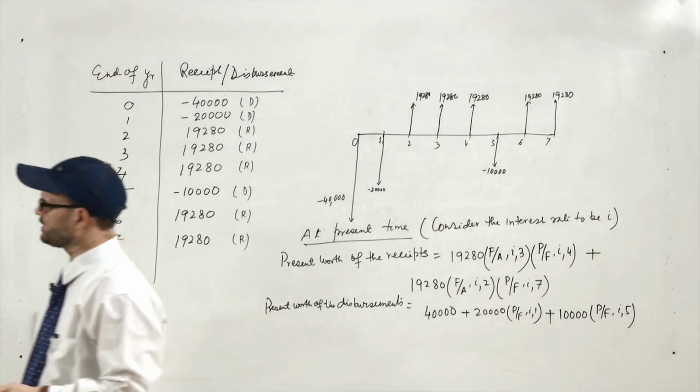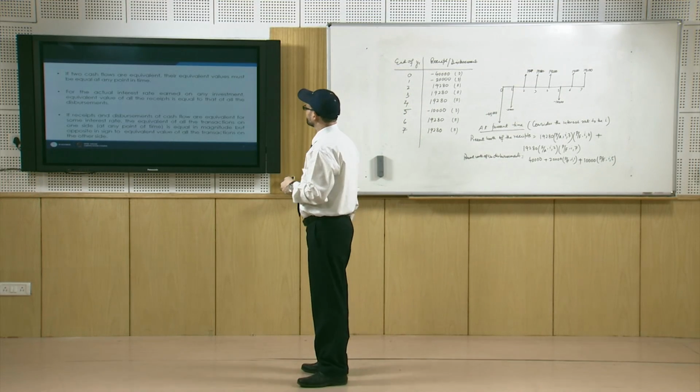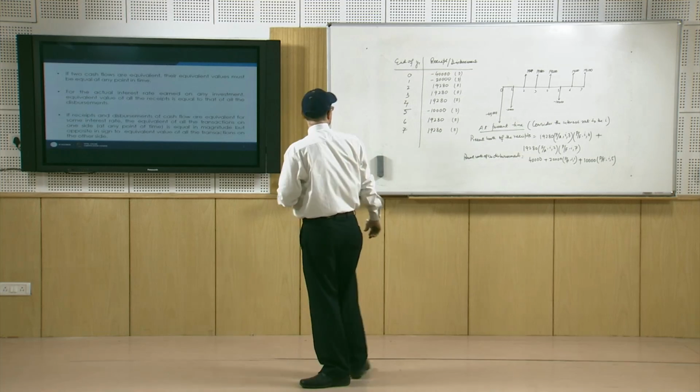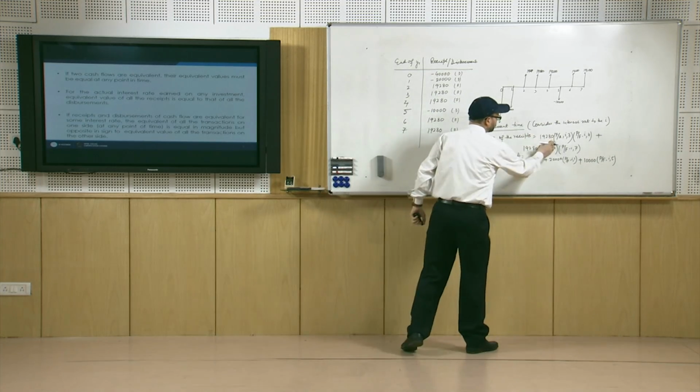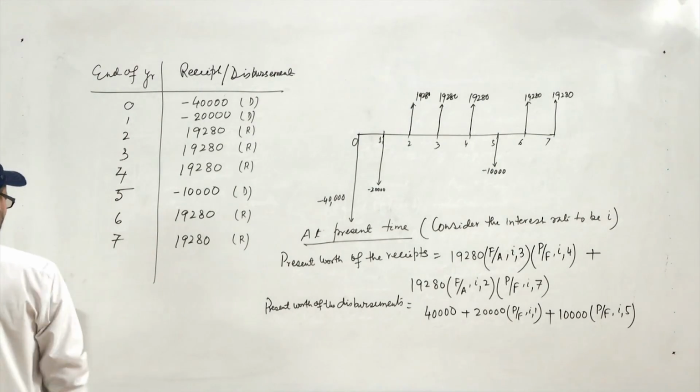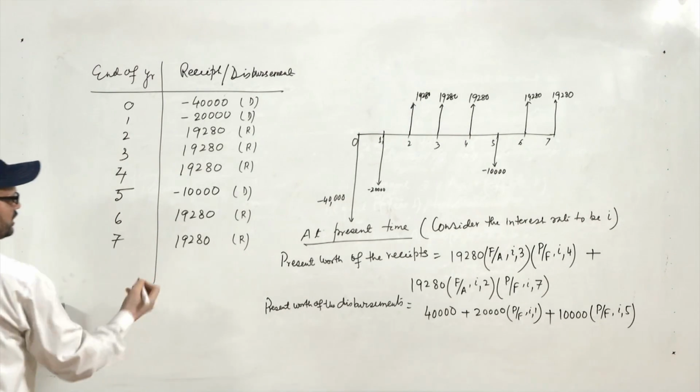Now, what this principle tells is that the actual interest rate earned will be that value of I which will set these two equal. So, we have to equate these two.